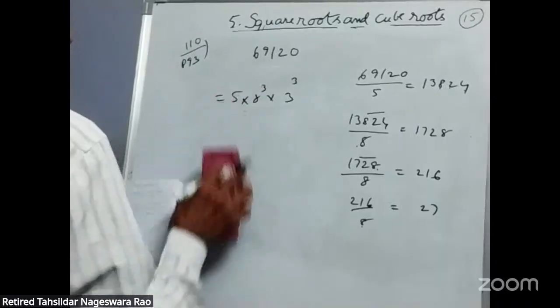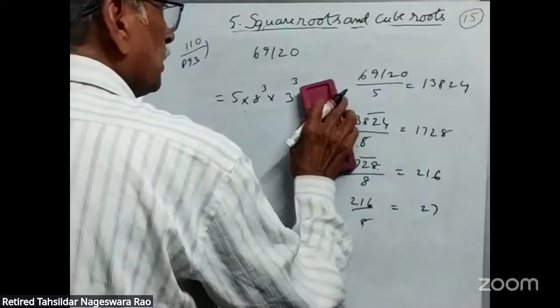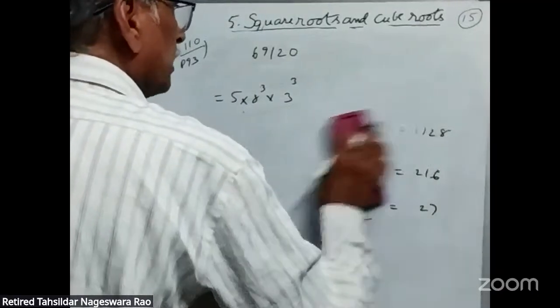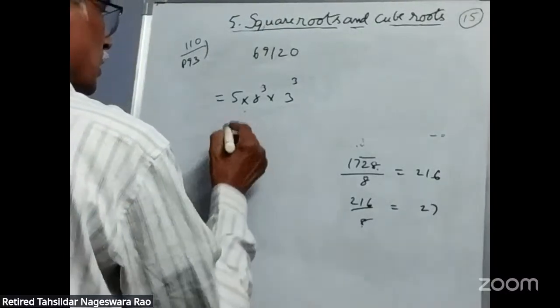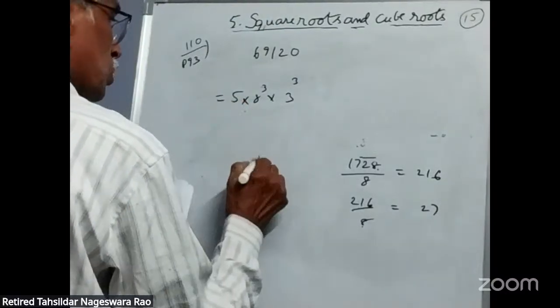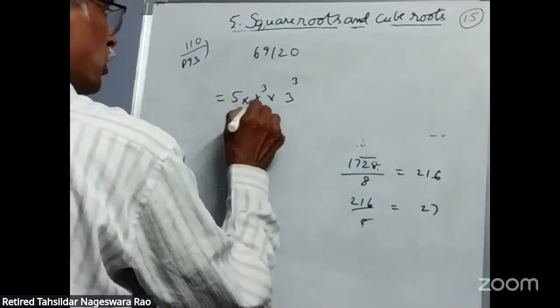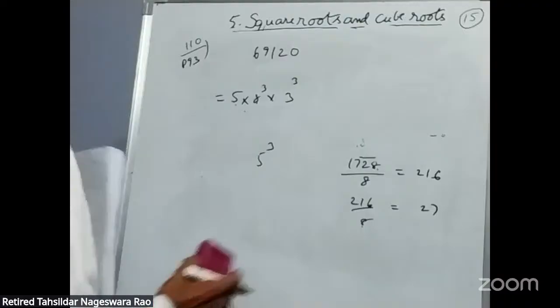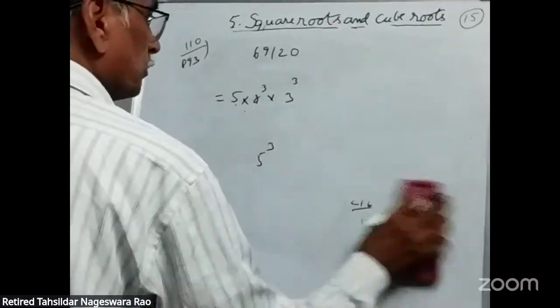If this is also a cube, you can find the cube root and tell directly the cube root value. So this should become 5 cube. Then 5 into 8 into 3 will be the cube root. The whole number will be a perfect cube.